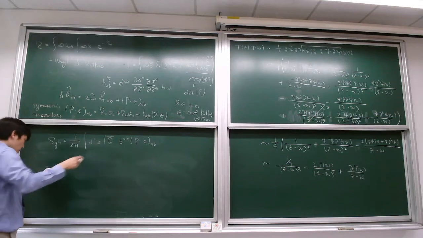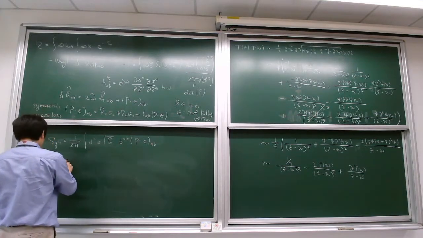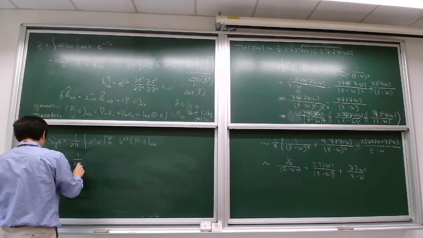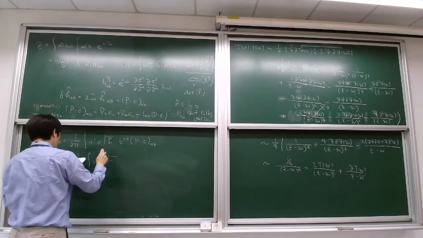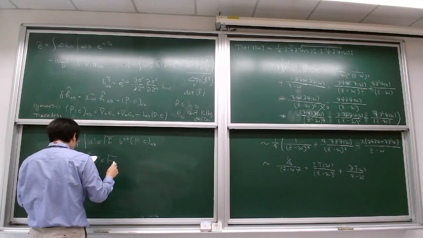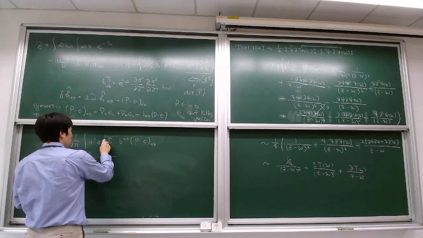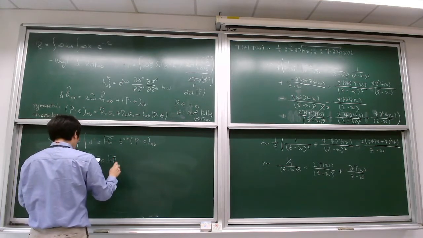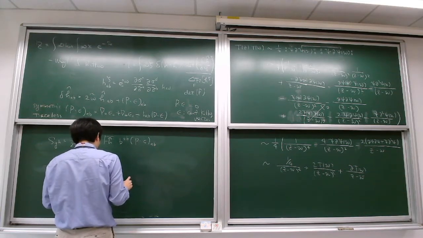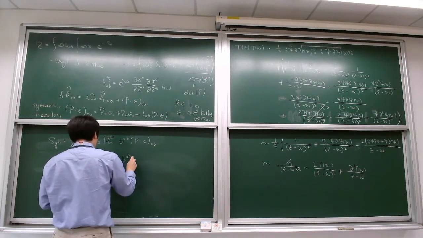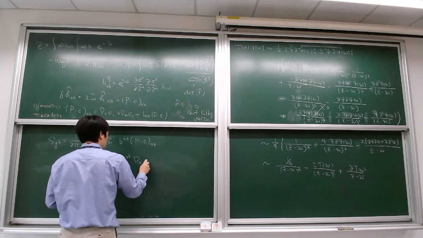And if you compute this, it is equal to 1 over 2 pi integral d squared sigma square root minus h. Oh gosh, okay, I think I already took the Euclidean signature. So b_ab delta.